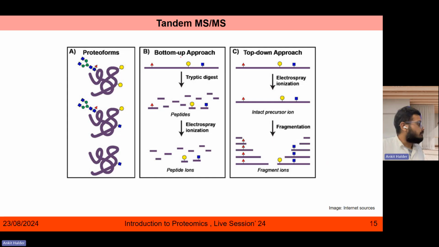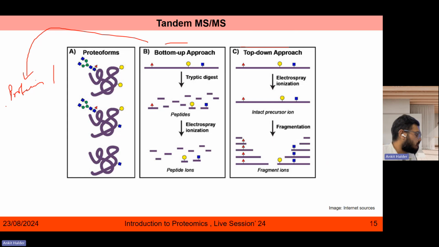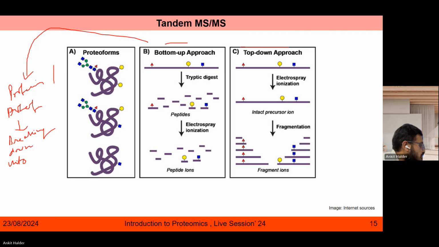Yes. Now in this tandem MSMS, what I have spoken about in the beginning is the bottom up approach and the top down approach. So what is the bottom up approach? We are taking the whole protein or proteoforms and we are breaking them down into pieces. Breaking down means we are doing some enzymatic digestion.